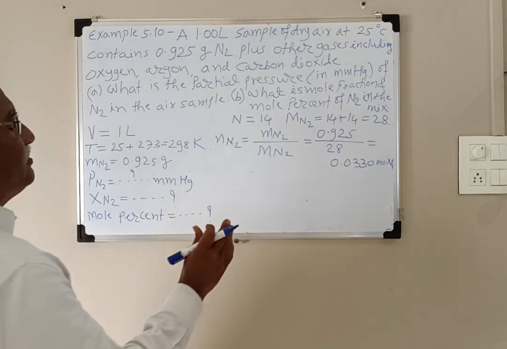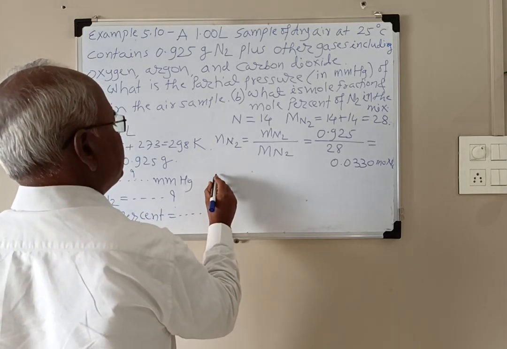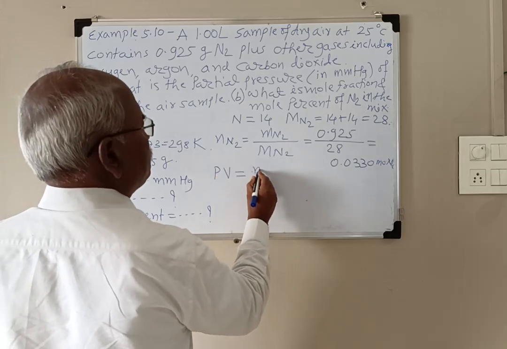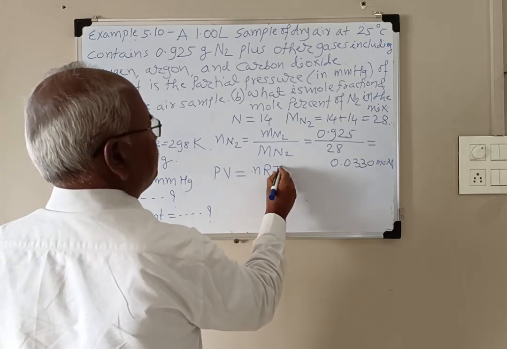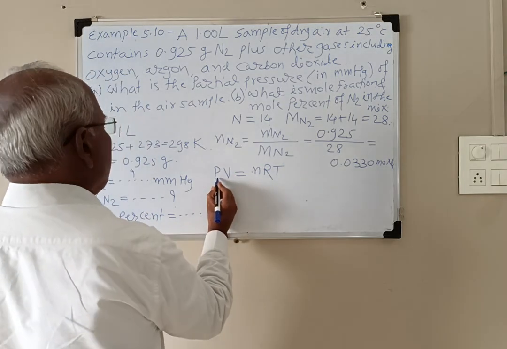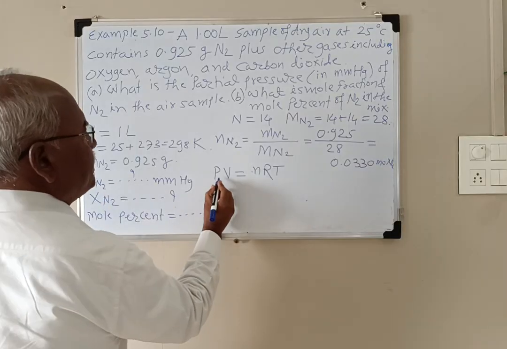From the ideal gas equation, I write PV is equal to nRT. The partial pressure of nitrogen we have to calculate.